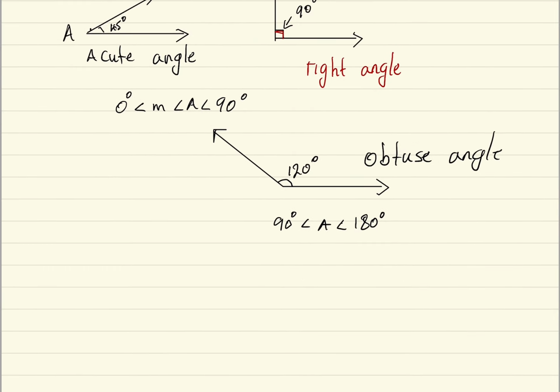And the fourth type is what's called a straight angle. So this angle is 180 degrees. So let me draw it.